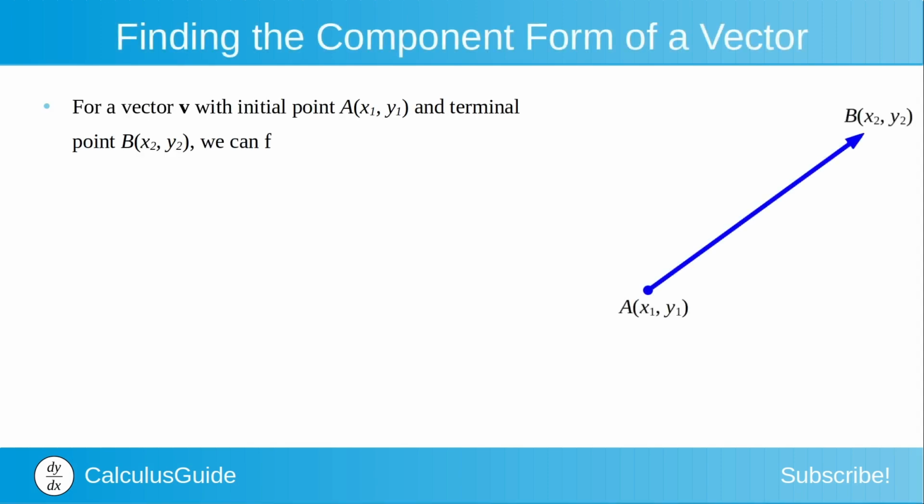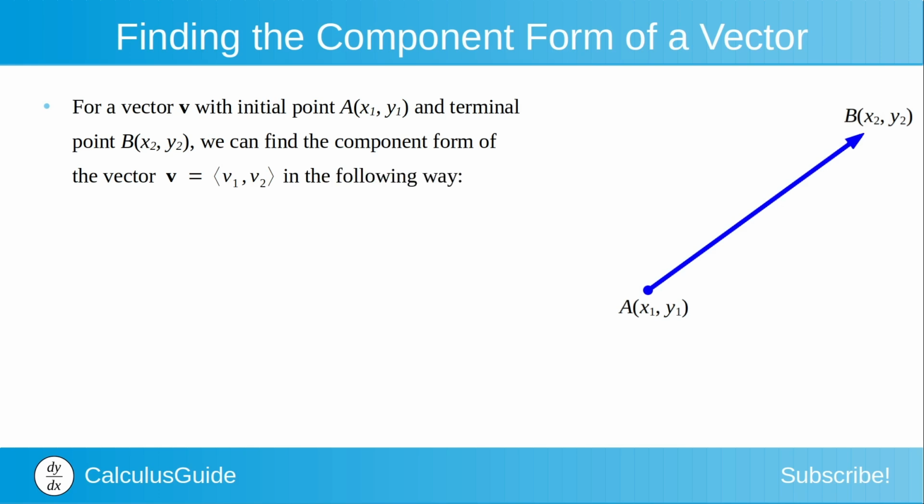For a vector V with initial point A (x1, y1) and terminal point B (x2, y2), we can find the component form of the vector V, which is equal to ⟨V1, V2⟩, in the following way. V1 is equal to x2 minus x1, and V2 is equal to y2 minus y1.